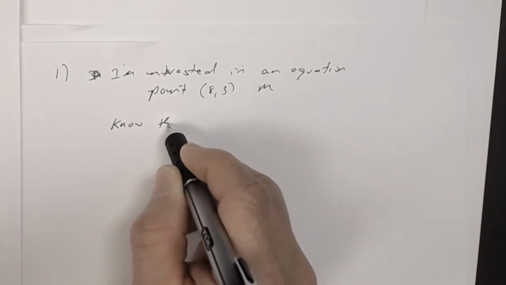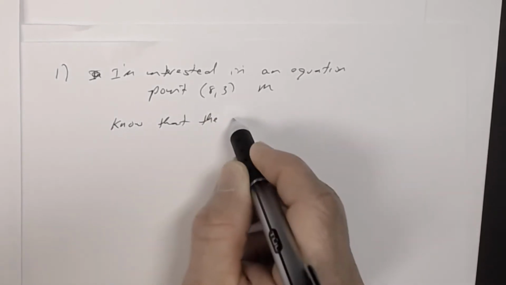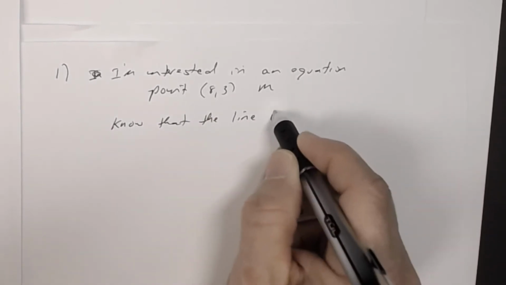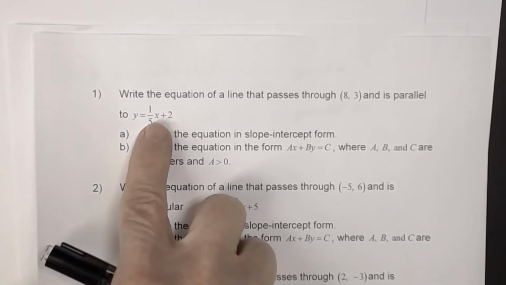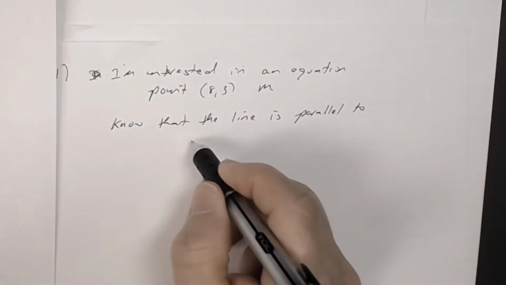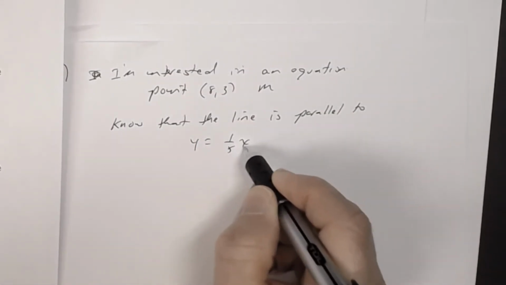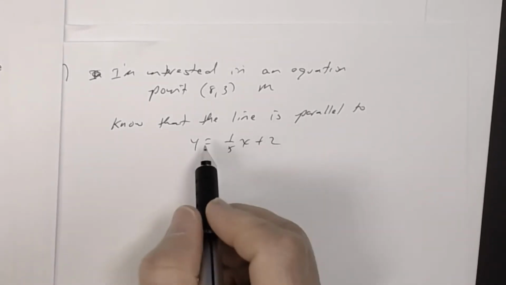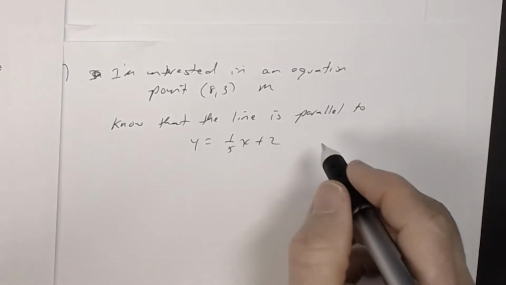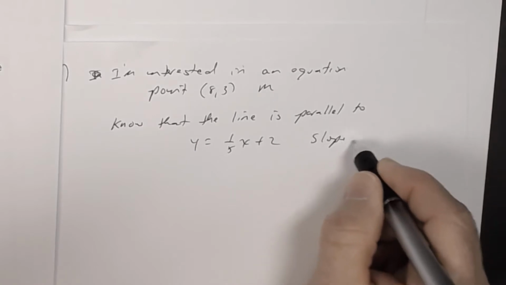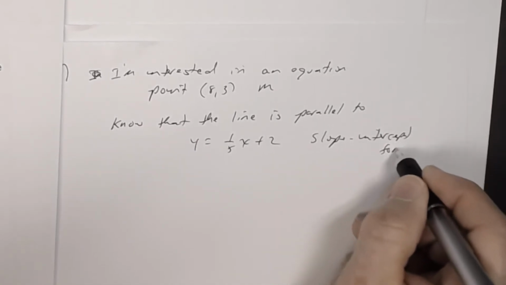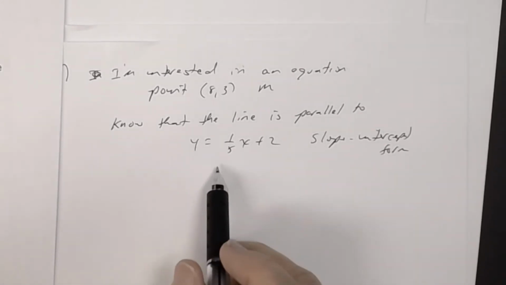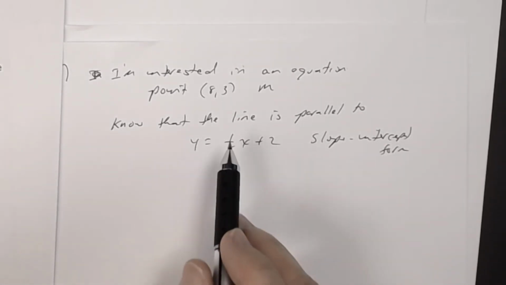You know that the line I'm interested in is parallel to this line here, y equals 1/5 x plus 2. Notice that this equation is in slope-intercept form, so I know right away what the slope of this line is.